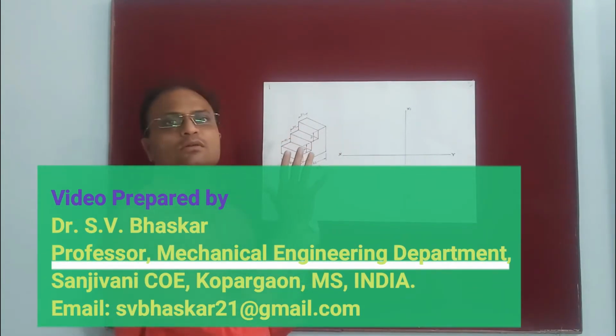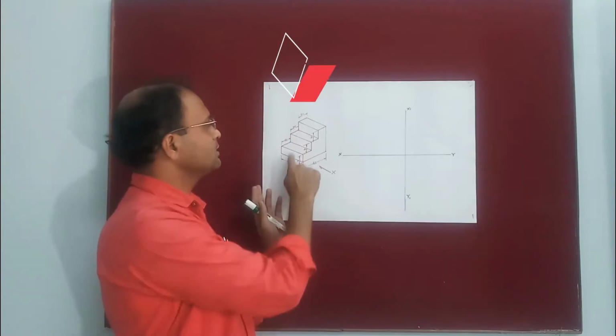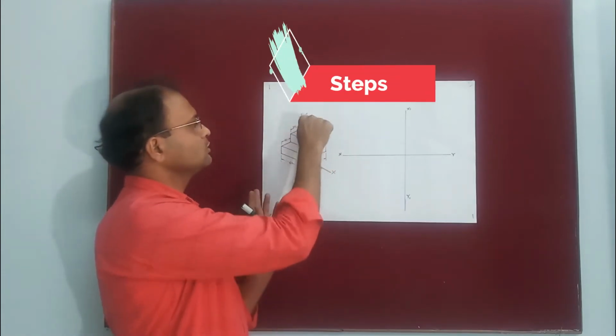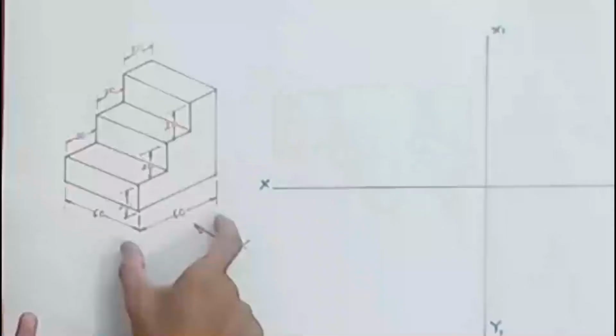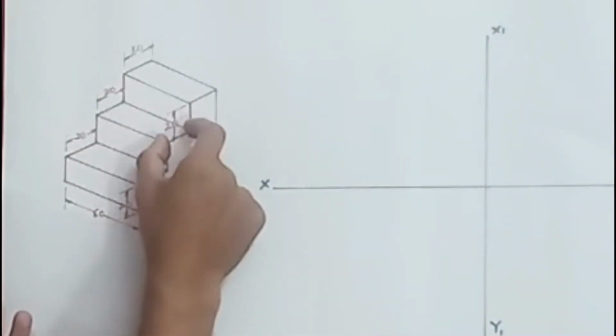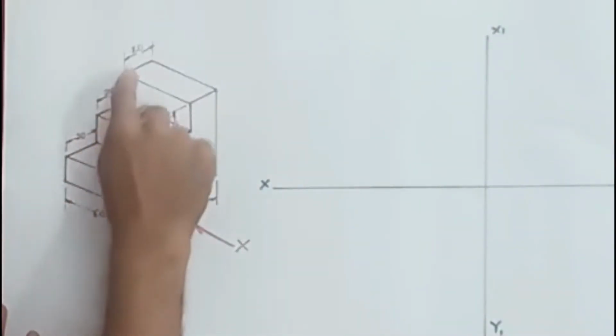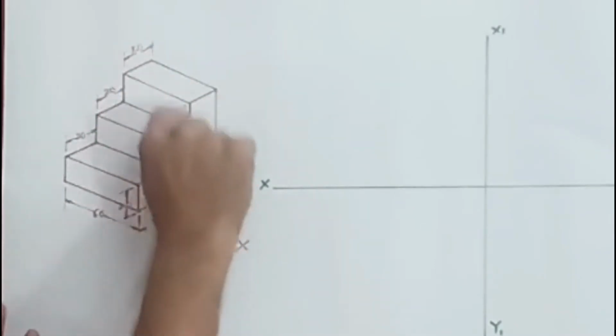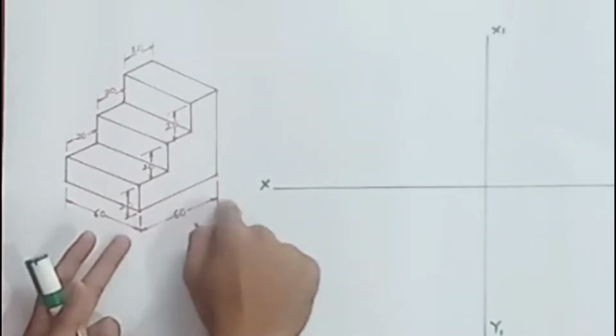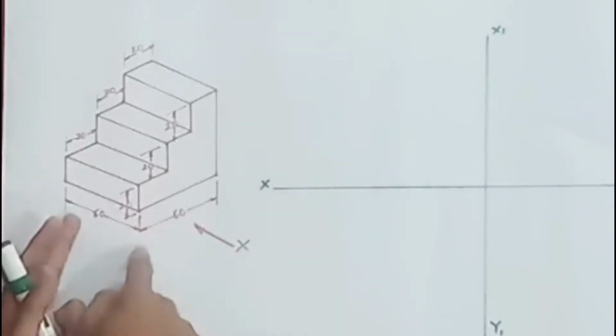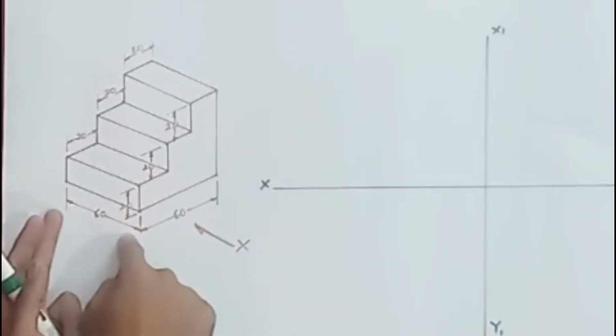Now this is a very well known three-dimensional figure. As we see, there are three steps, and the length of each step is 20 mm, as shown in the dimensions here, and the height of each step is also 20 mm. So the total length of this whole object is 60 mm, while the total width is also given as 60 mm.